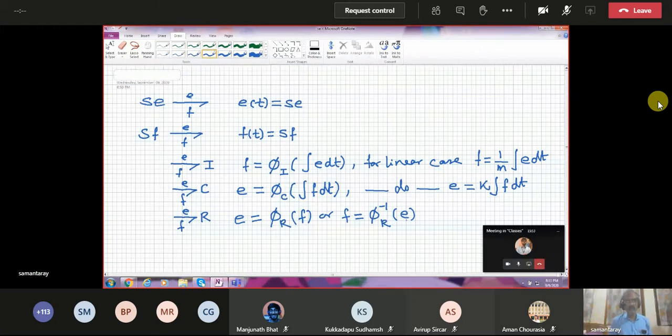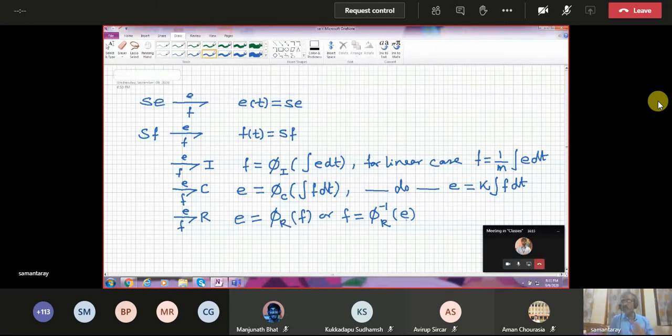In I and C elements, one kind of integration is involved. So either you have flow as a function of the integral of effort, that is momentum, or in the C element, you have effort as a function of the integral of flow, that is generalized displacement. Whereas in the R element, there is no integration, no derivative.